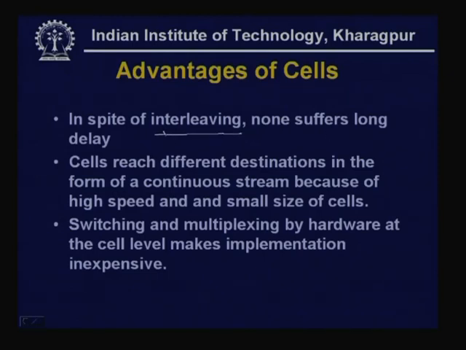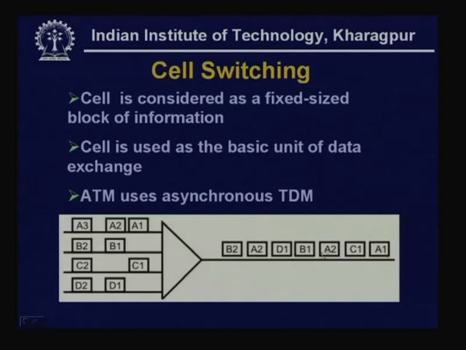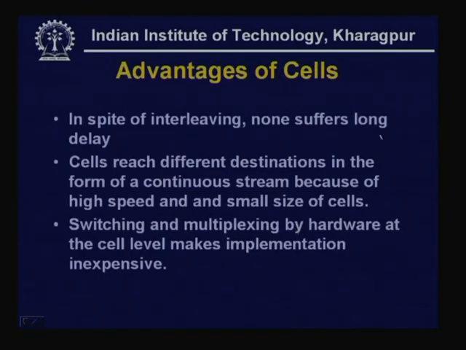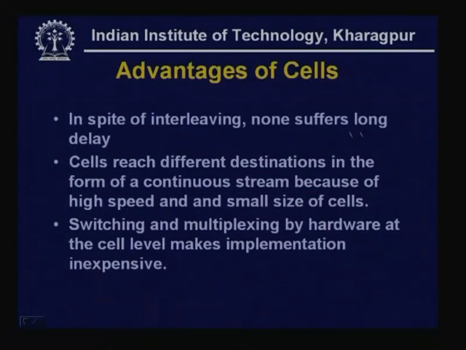We have seen in the previous slide there is some interleaving: A1, then C1, then A2, then B1, then D1, then A2. For example, A1 and then A2 appears somewhere here, and in between you have several other cells. In spite of this interleaving, none suffers long delay because of high speed and small cell size. A particular link cannot monopolize the medium, and cells reach the destination in the form of a continuous stream.